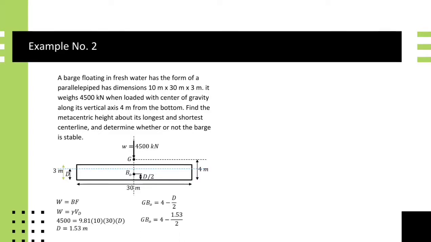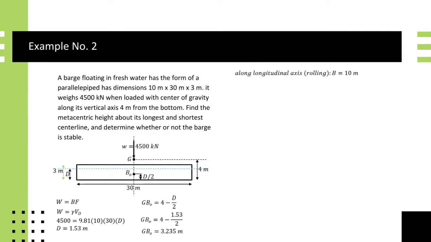And then, you will get the answer for GBO, which is 3.235. Dahil may GBO ka na, ano yung susunod natin isosolve? Hindi ba yung MBO, which is masasolve natin through the use of the formula.